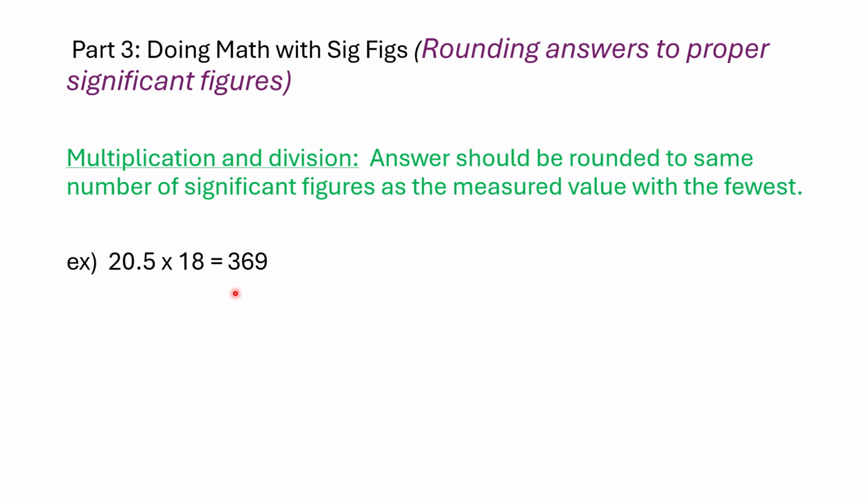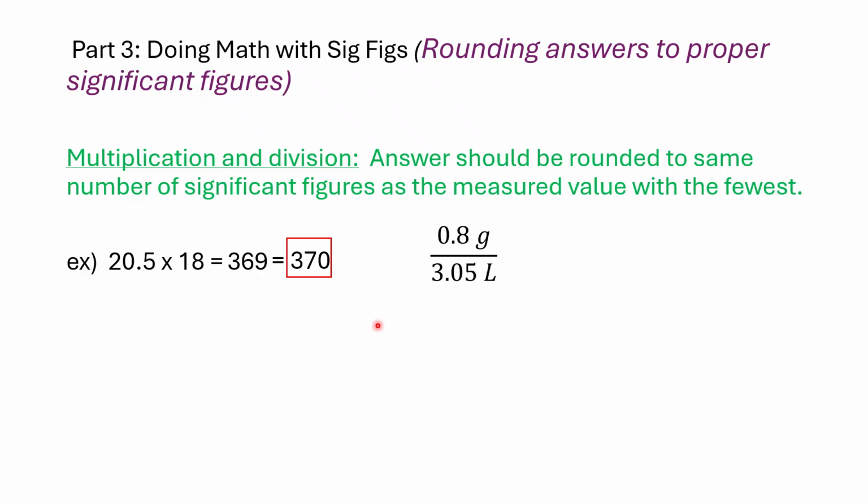So I need to round 369 so that it only has 2 significant figures, just like the number 18. So that would be 370, right? Because the 9 causes the 6 to round up, but we still keep a 0 in the ones place as a placeholder, okay?